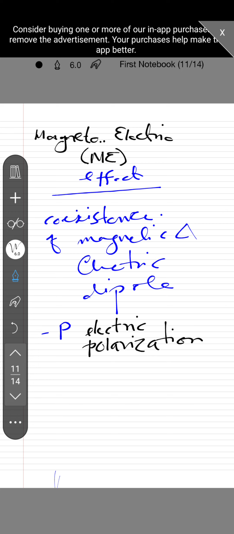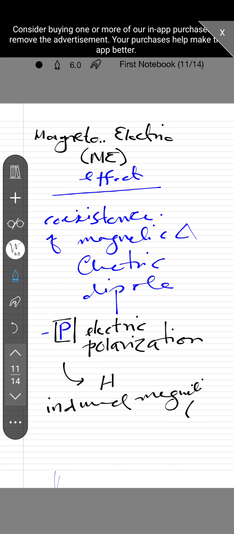This occurs when there is a variation with respect to a change in the magnetic field H, or the opposite effect, where there is an induced magnetization, denoted by M, by an external electric field applied.